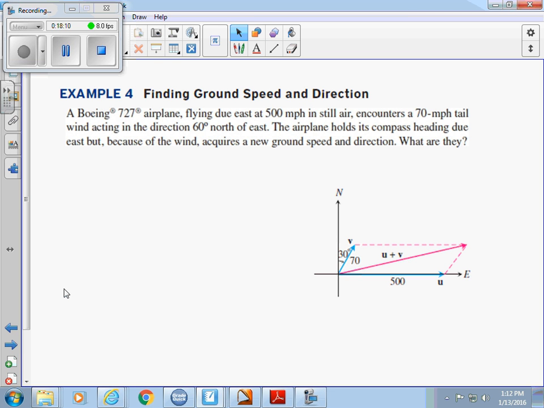It encounters a 70 mile per hour tailwind, acting in the direction of 60 degrees north of east. The airplane holds its compass heading due east, but because of the wind, it acquires a new ground speed and direction. What are they? We did a whole worksheet on this in trig.